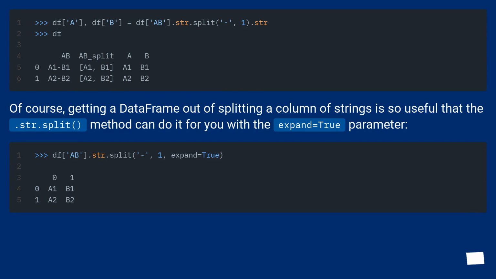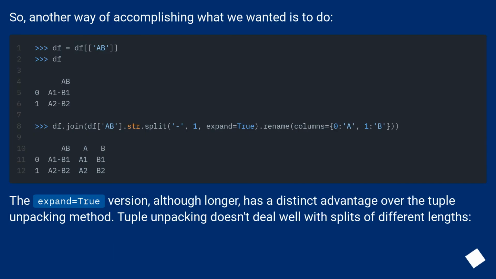Of course, getting a data frame out of splitting a column of strings is so useful that the .str.split method can do it for you with the expand equals true parameter. So, another way of accomplishing what we wanted is to do this.